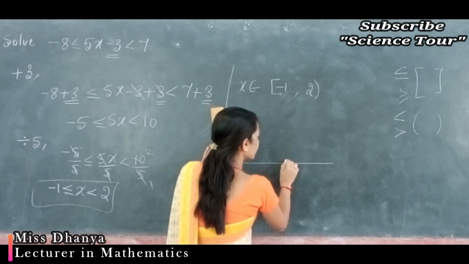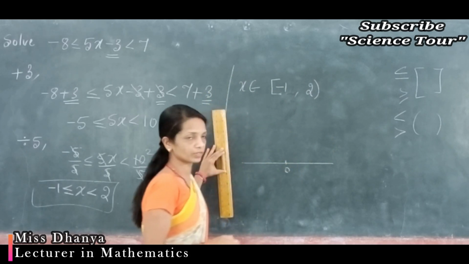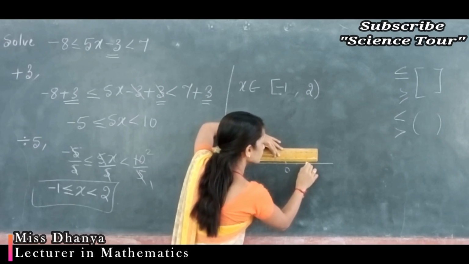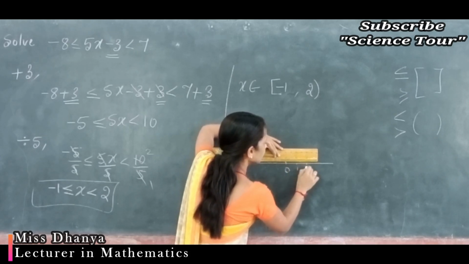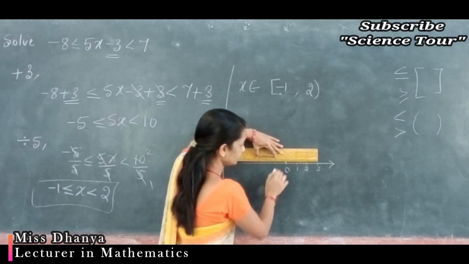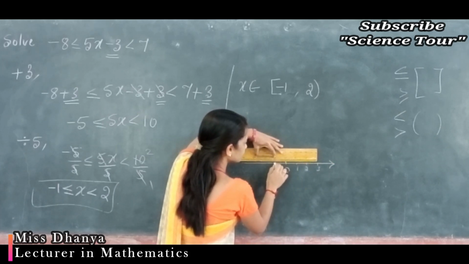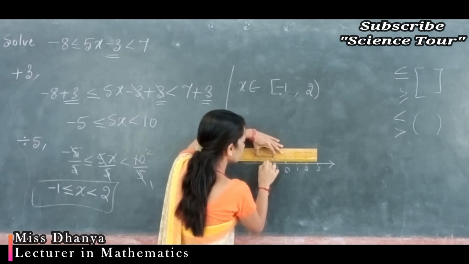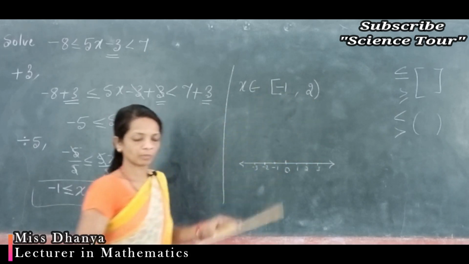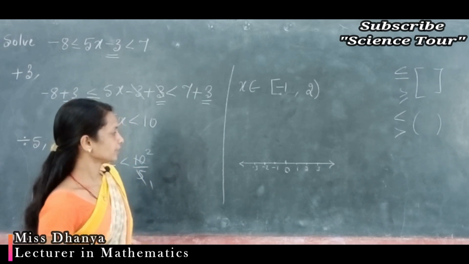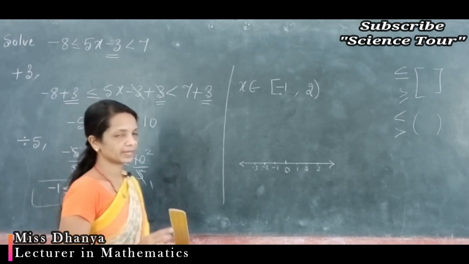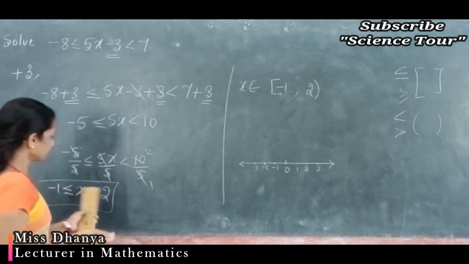In the middle of that number line you have 0, and on the positive side you have positive numbers, 1, 2, 3, etc., up to plus infinity, and on the left side you have negative numbers, -1, -2, -3, etc., up to minus infinity. Next, highlight the numbers we got, -1 and 2.